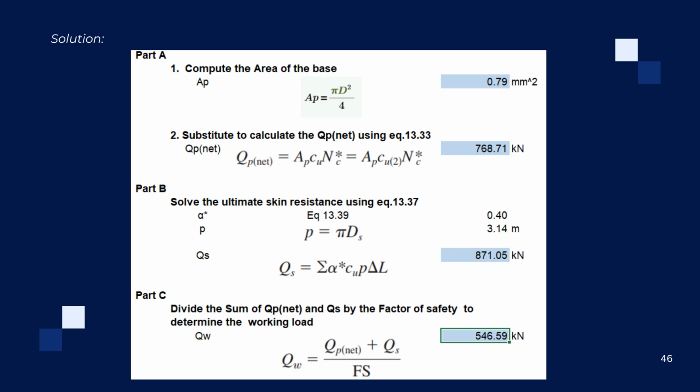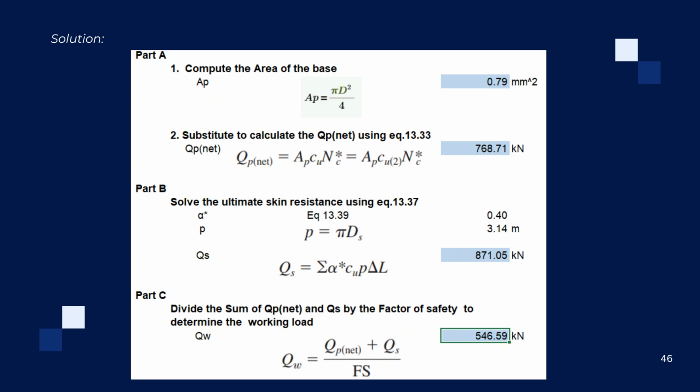When you substitute those values, we get a total of 871.05 kilonewton. Next, divide the sum of QP net and QS by the factor of safety to determine the working load, where QW is equal to QP net plus QS over factor of safety. When you substitute those values, we get a total of 546.59 kilonewton.